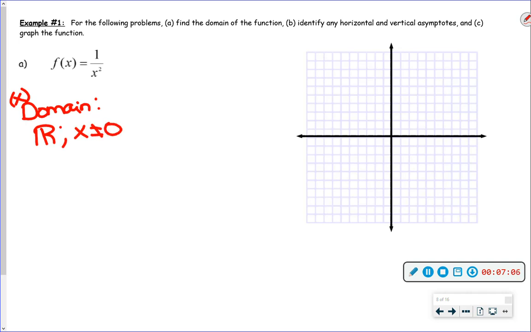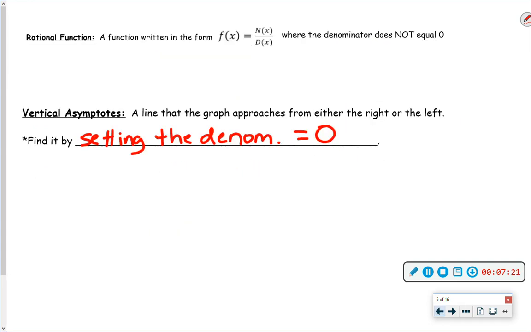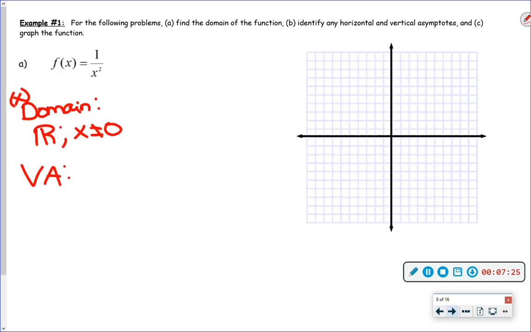Now, your domain and your vertical asymptote are always going to be related. It's kind of a two for the price of one here. So to do our vertical asymptote, that's the next thing I'm going to find because I think it's the easiest. I'm just going to click back a couple slides here. To do your vertical asymptote, we set the denominator to 0. Well, that seems easy enough. So x squared equals 0. I'm going to get rid of the squaring.